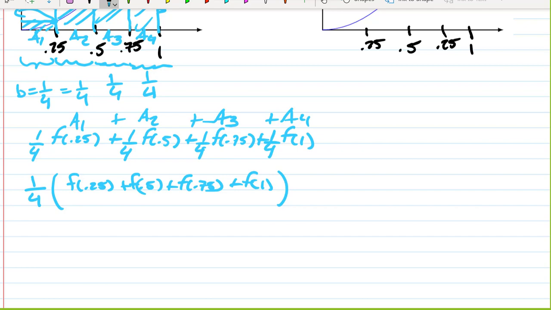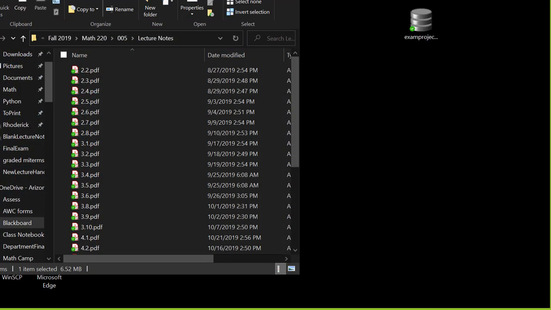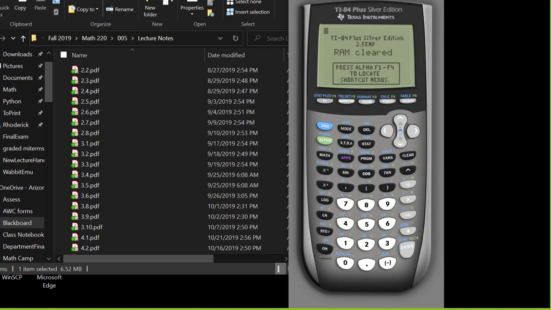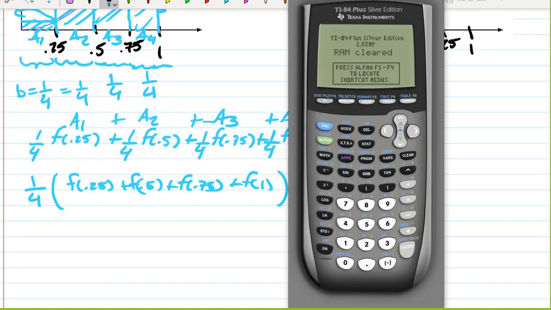So let's grab our graphing device and go ahead and put this in. Oh, I need to put my function in first. I'm getting ahead of myself. So we go to y equals. Our function was just x squared. And then we would go 1/4, and then we have parenthesis.